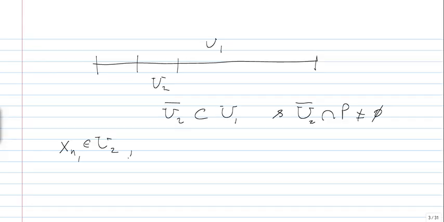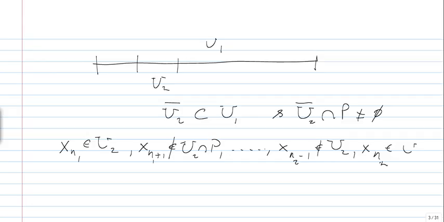Now you look at xn1 plus 1, etc. You assume that it's not in U2 intersect P; if it is, you stop. You keep going until you reach n2, so xn2 is not in U2 until the first one that is.